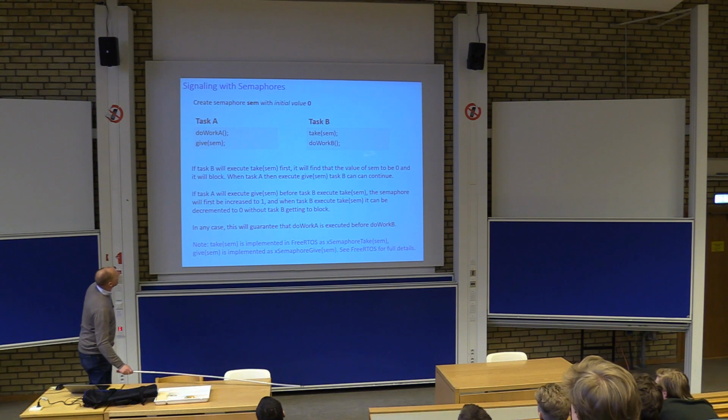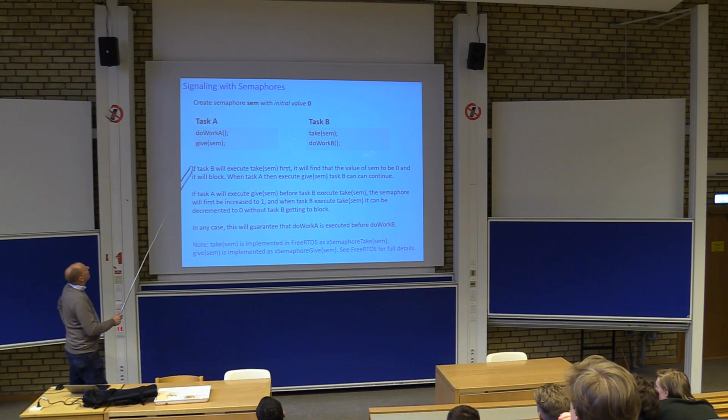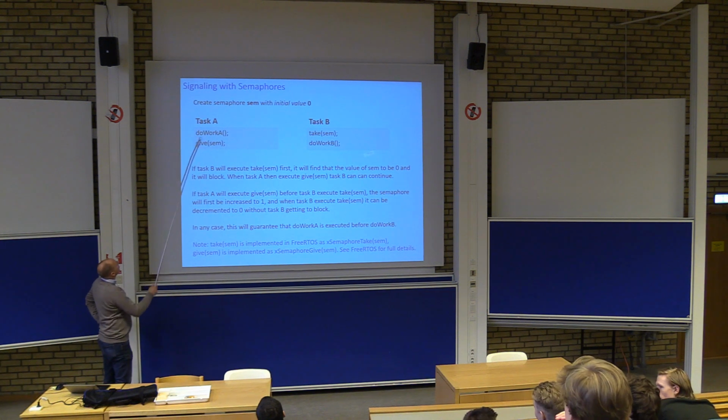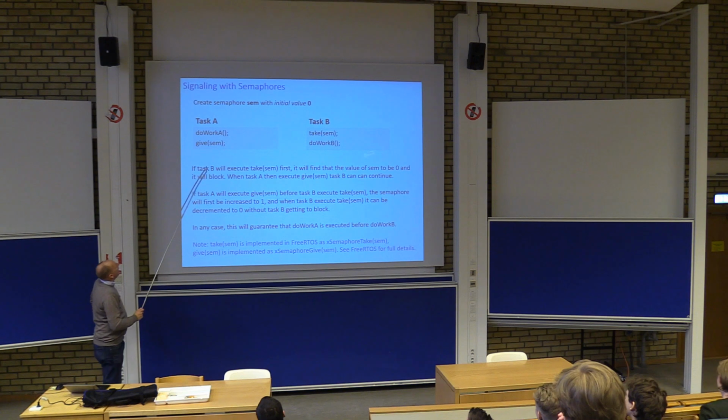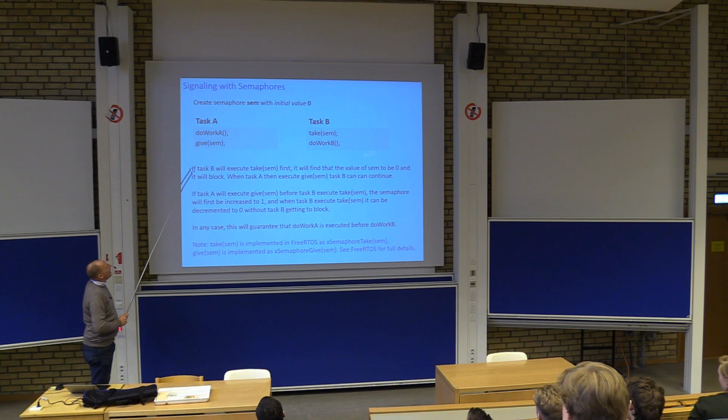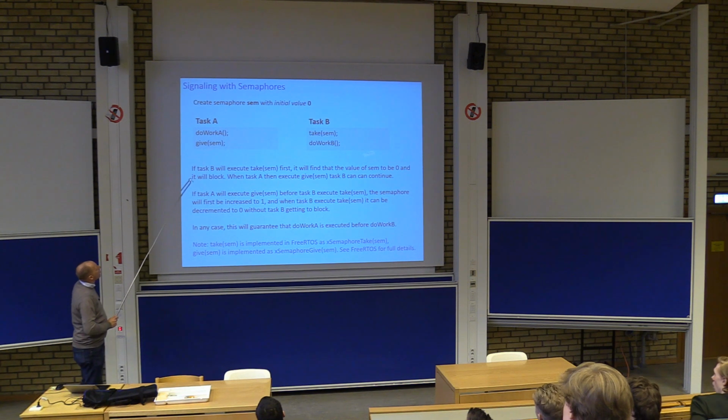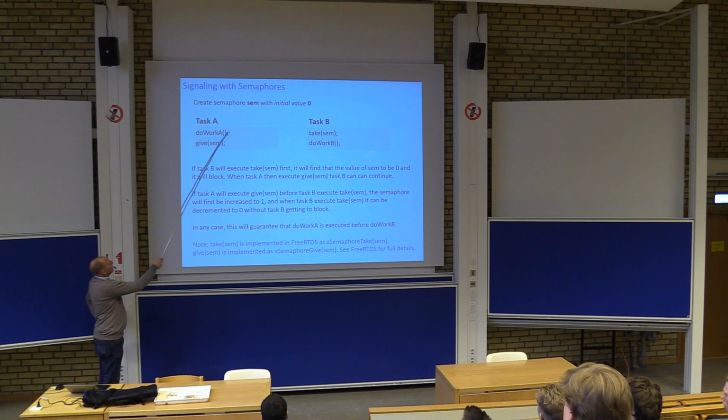Okay, here. So we have, in this case, two tasks, A and B, and we have a semaphore that has the initial value 0. In task A, here this is just a function to do something, it doesn't matter.